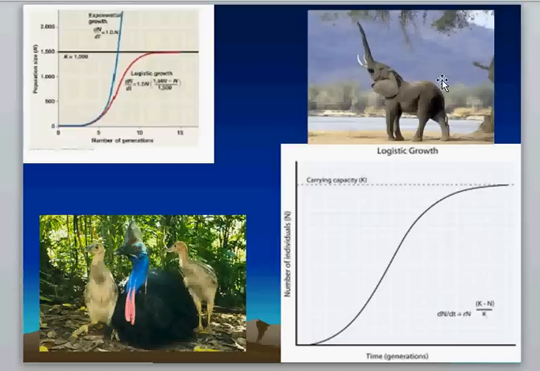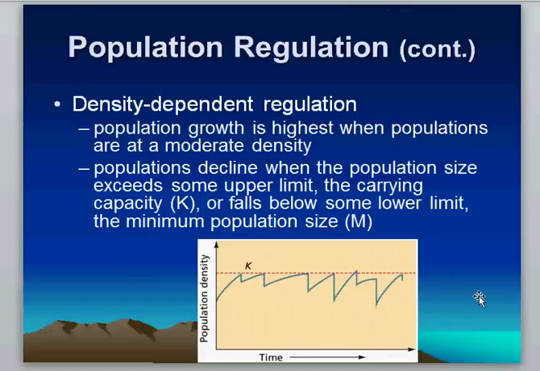If we look in closer detail at how the population oscillates around the carrying capacity, it may go through a series of oscillations, but by no means as wild, and the amplitude is much smaller than in the density independent species.